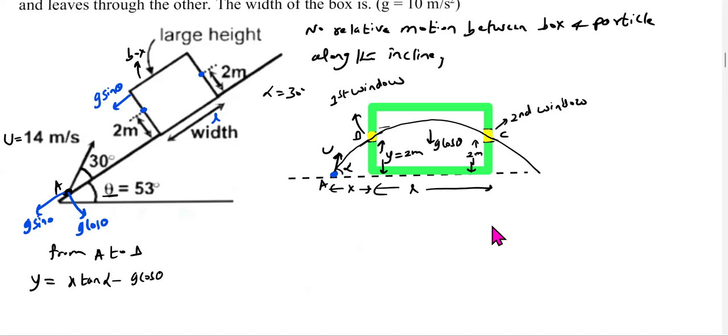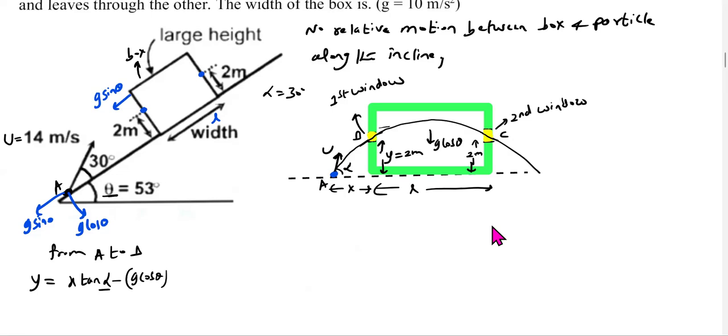Here g cos theta in projectile motion. Alpha is the angle of projection.